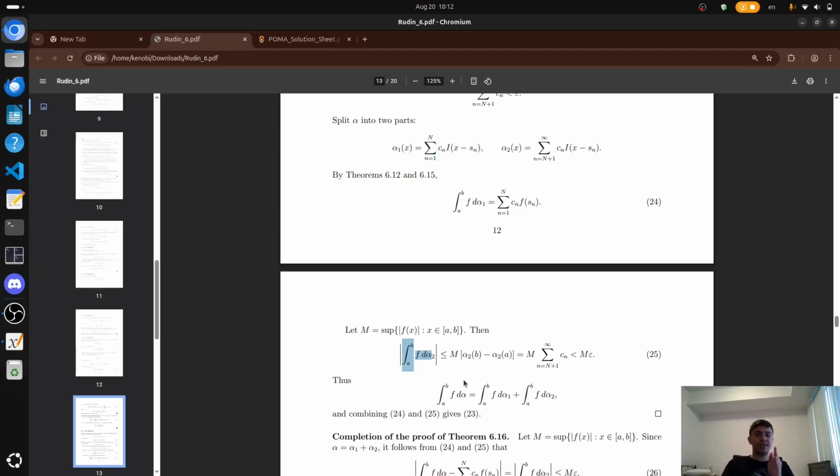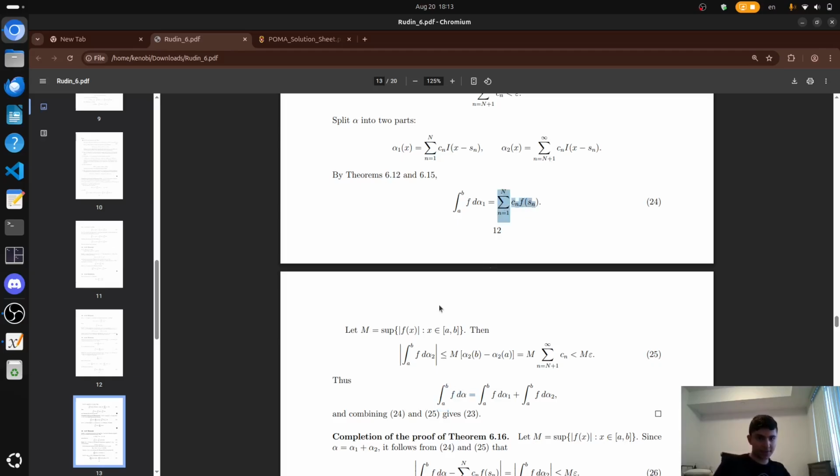So if you want to find the integral of the second alpha, you take the full integral minus the integral of the first alpha, which is this sum over here.